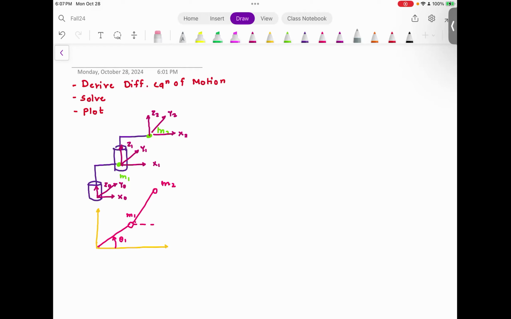And this angle is θ2. Then the lengths are, again, this is A1. This is A2. Then you have A3. And this is A4.